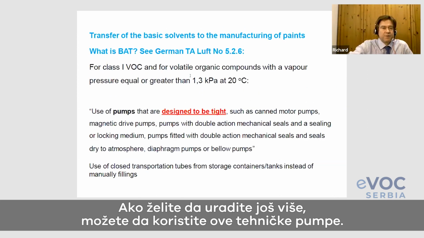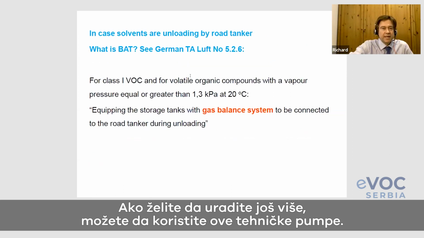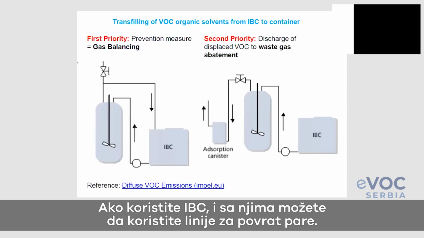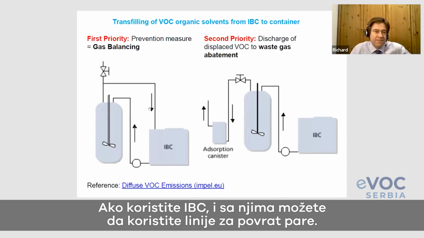If you want to do more, you can use these technically tight pumps, and even if you have IBCs, I have put this figure here for you. Even with IBCs, you can simply apply this gas balancing line.